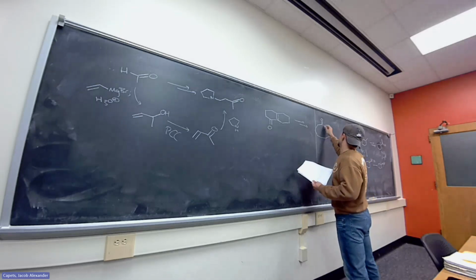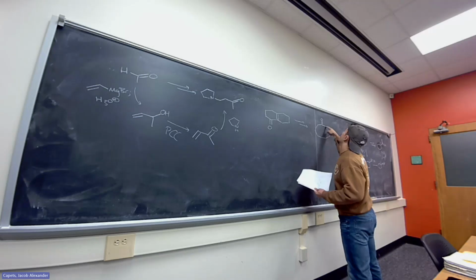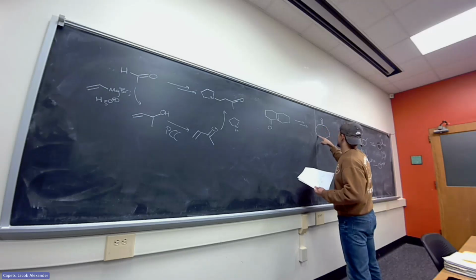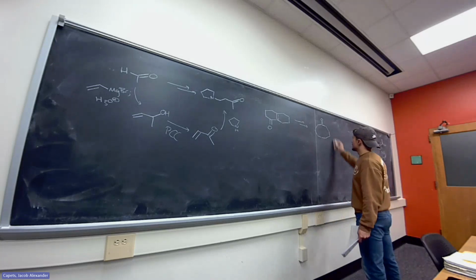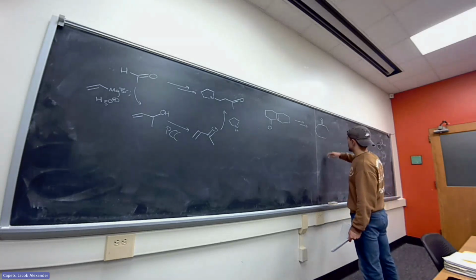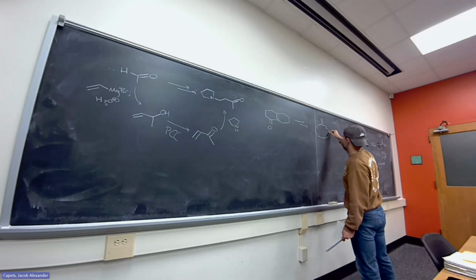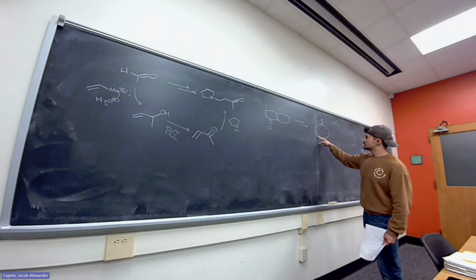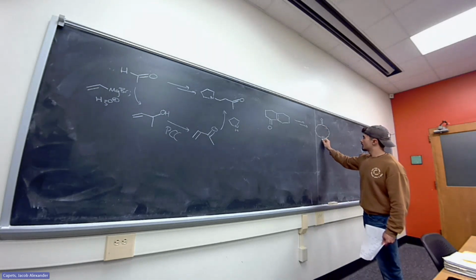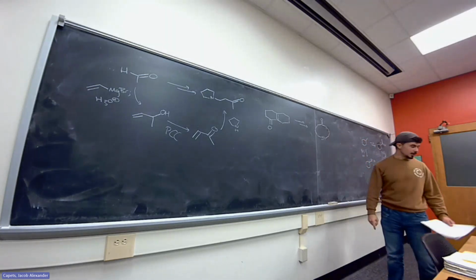At this point, it doesn't really matter. There's 10 carbons. 1, 2, 3, 4, 5, 6, 7, 8. No. 1, 2, 3, 4, 5, 6, 7, 8, 9. It doesn't matter. It only matters that I drew 2 carbons. Can we just draw it as a circle? Low key, I saw that on one of the exams. It was really funny. Okay, cool.